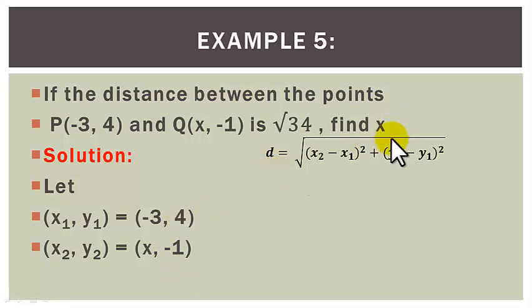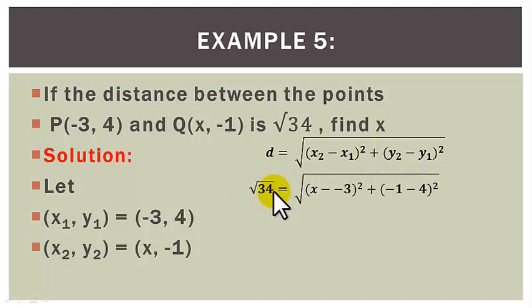So putting them into this formula, we obtain square root of 34 is equal to the square root of (x minus minus 3) squared plus (minus 1 minus 4) squared. x minus minus 3 is x plus 3, squared, plus minus 1 minus 4 is minus 5, squared. So this will give us this.